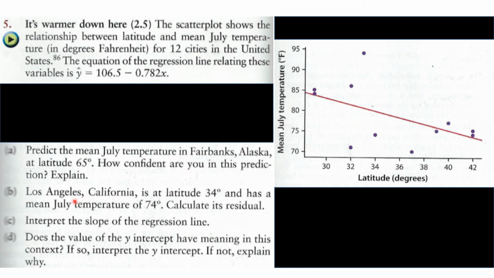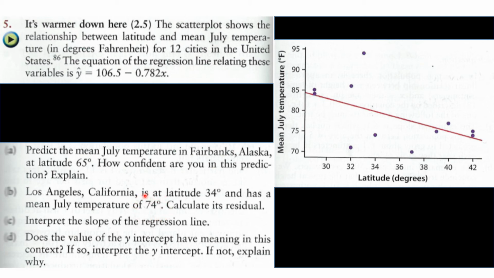Let's look at B. It says Los Angeles, California is at a latitude of 34 degrees and has a mean July temperature of 74 degrees. Calculate the residual. Before we can calculate the residual, we have to find the predicted July temperature of LA. This 74 degrees isn't what's predicted, it's the actual, the true temperature of LA.